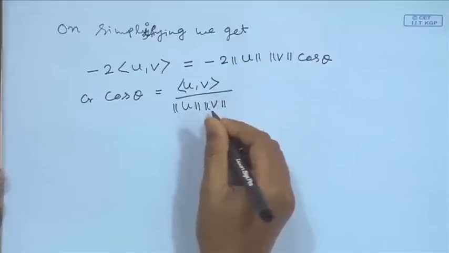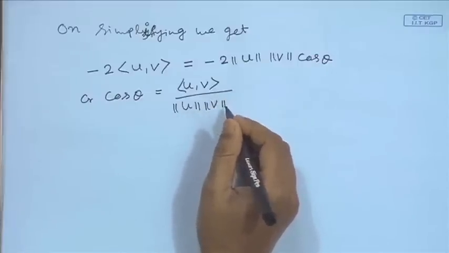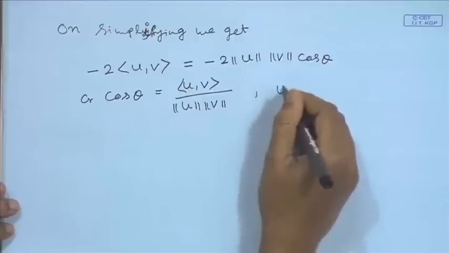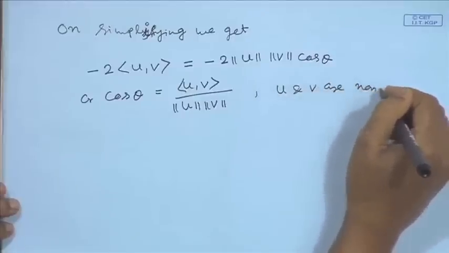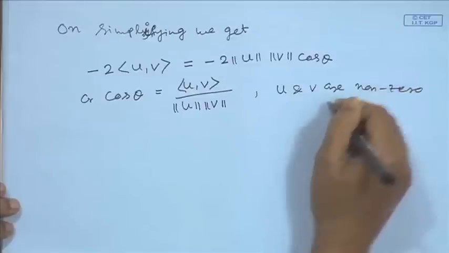Of course, here u and v are non-zero vectors.